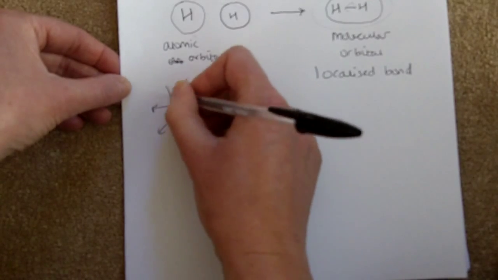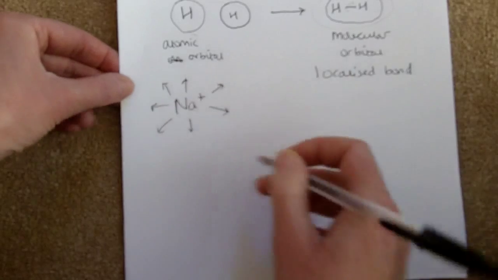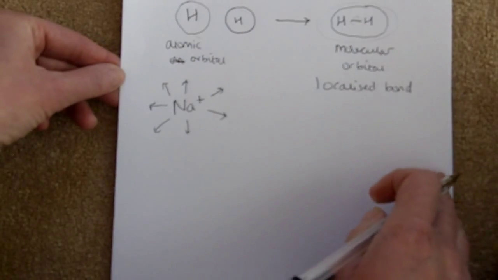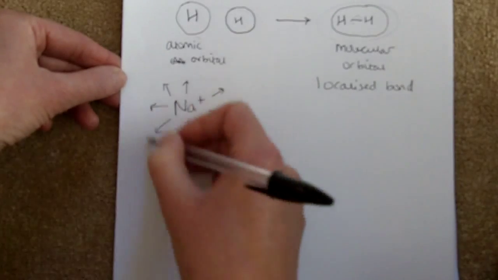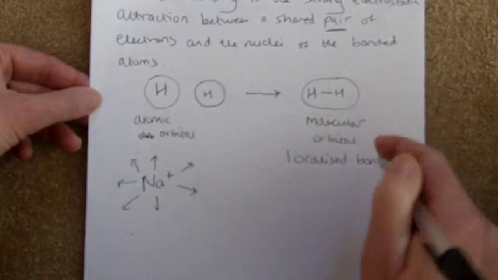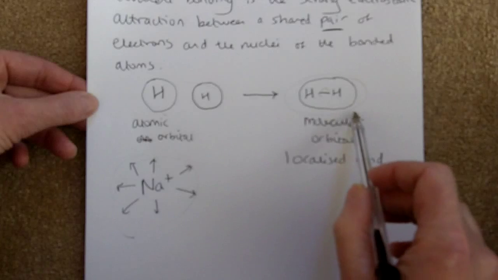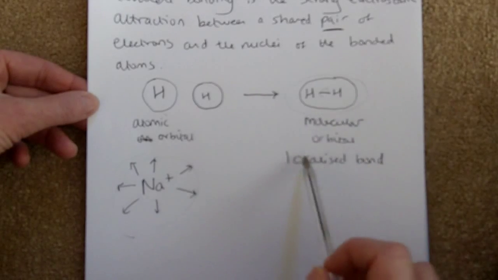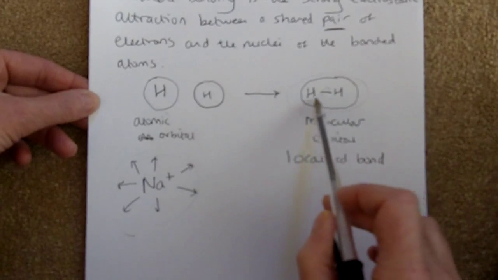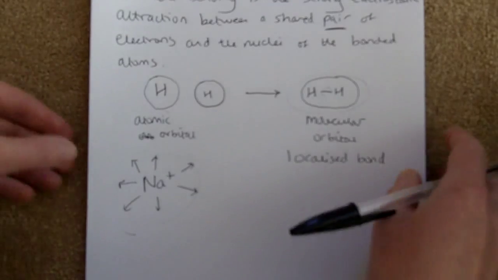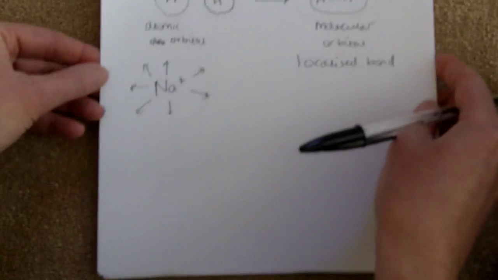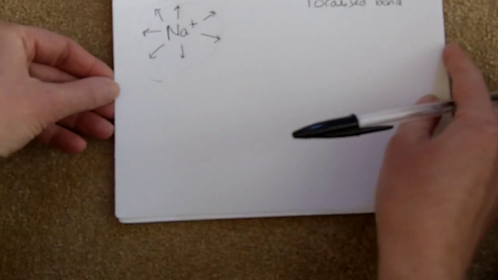And it is not localized because the sodium ion can attract in all different directions. This is a giant lattice structure. Whereas for something simple like hydrogen, it is a localized bond because of the attraction of the electrons between the two nuclei.